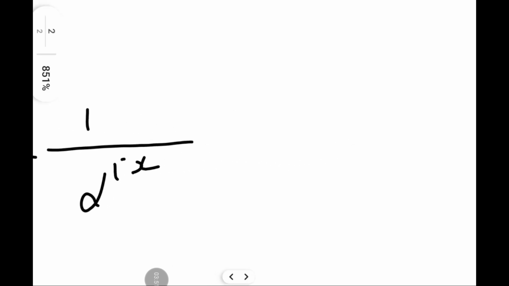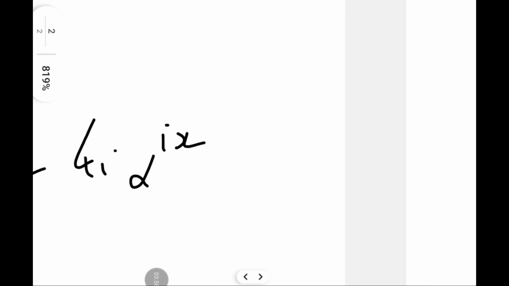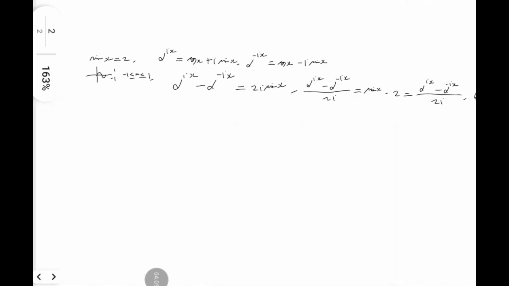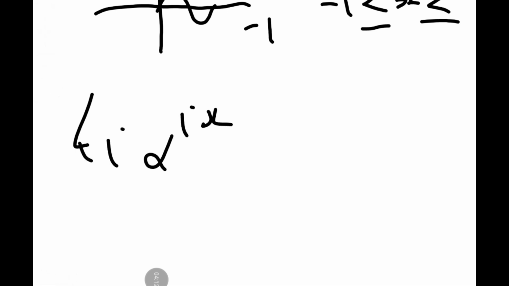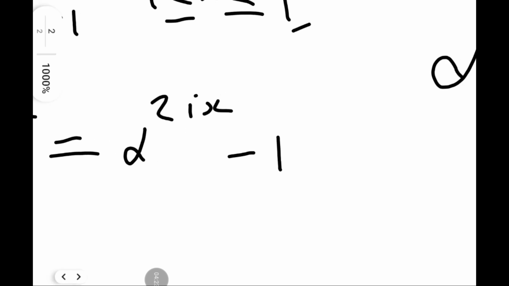And what you end up with is 4i e to the power of ix. We're going to actually run off the page, I apologise, we'll write it over here. But when you have that, you end up basically with 4i e to the power of ix is equal to e to the power of 2ix, apologise, 2ix minus 1, like this.